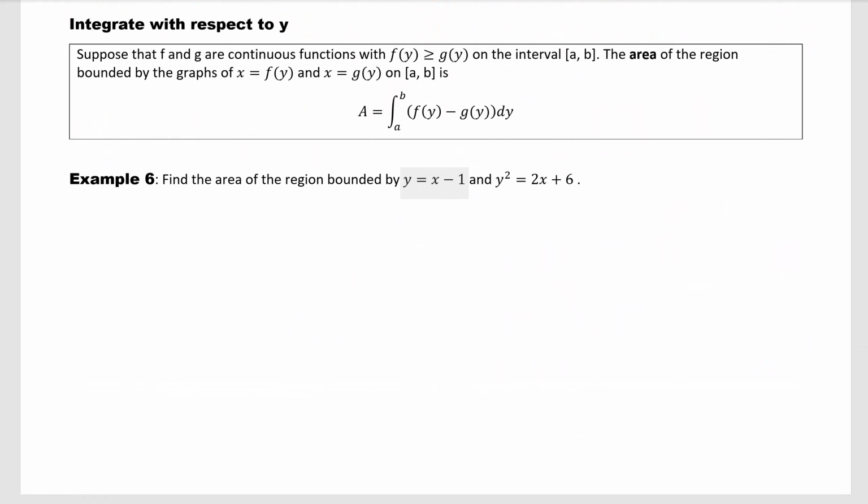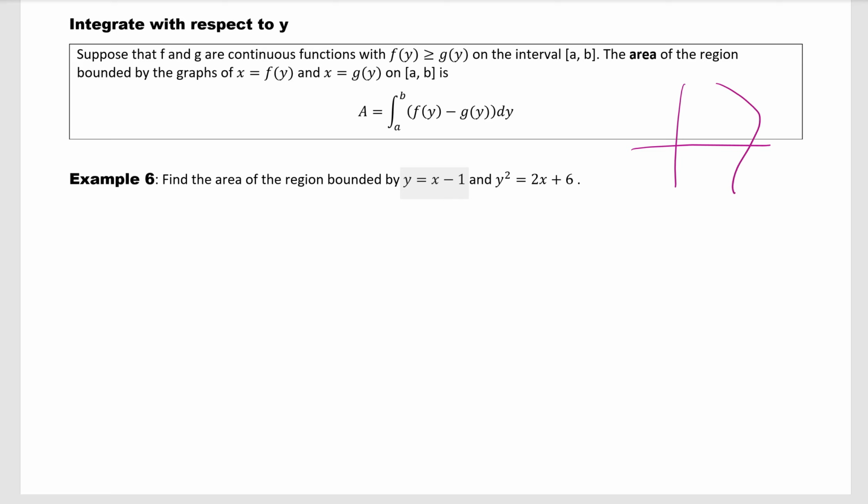However, for some of the functions, for example, if f and g are continuous functions, so x is a function of y, and f of y is greater than or equal to g of y on the interval a, b, then the area of the region bounded by the graph. Okay, so the picture is like this.